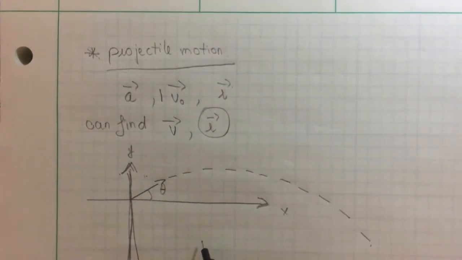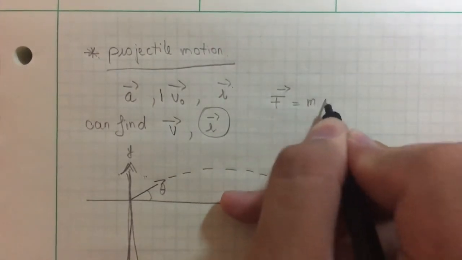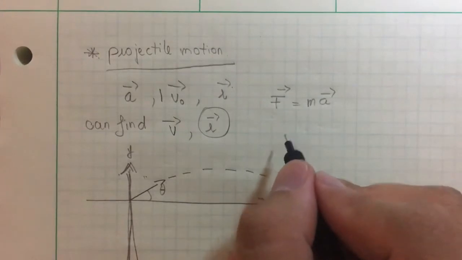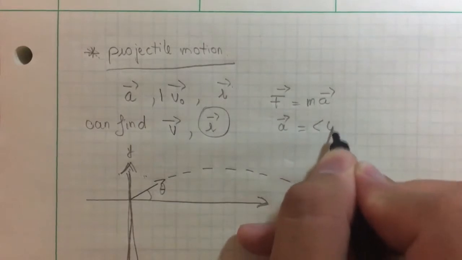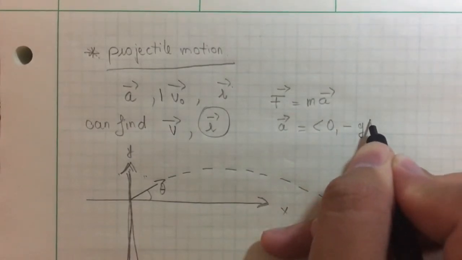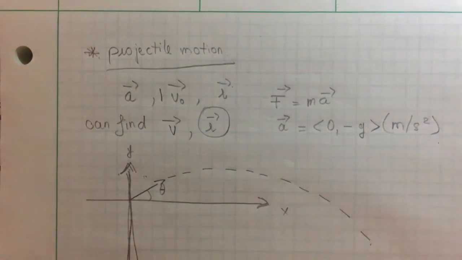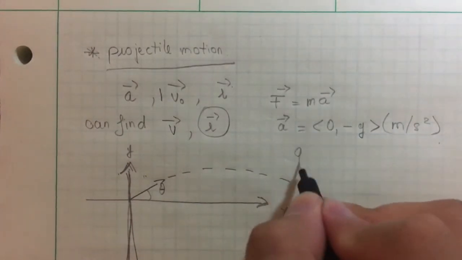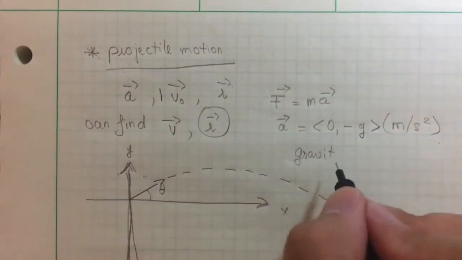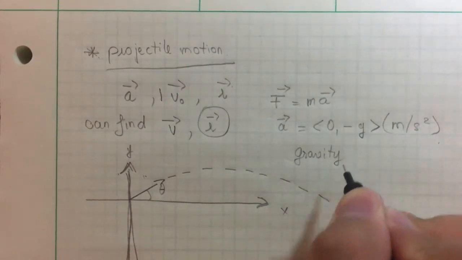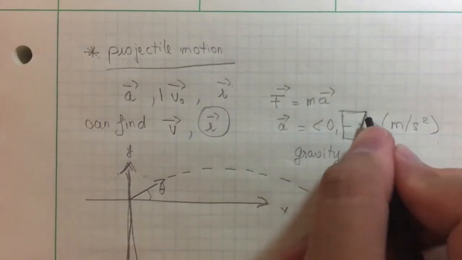We have force equal mass times acceleration, and the acceleration is 0, negative g. As gravity is always pointing downward, we have negative g here.